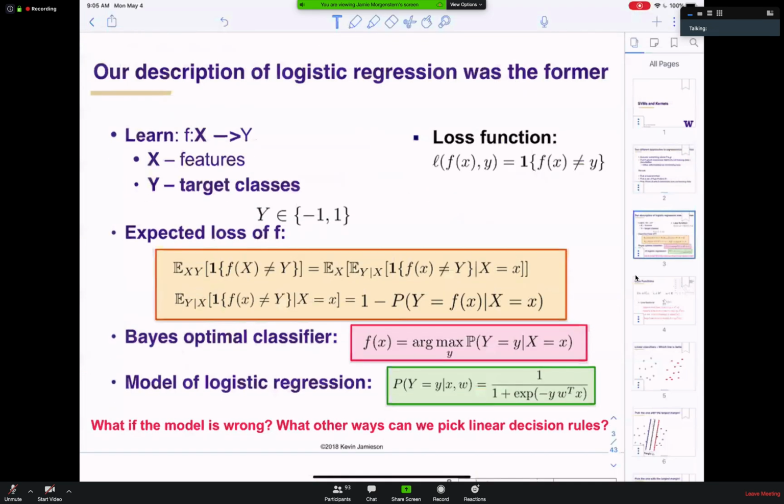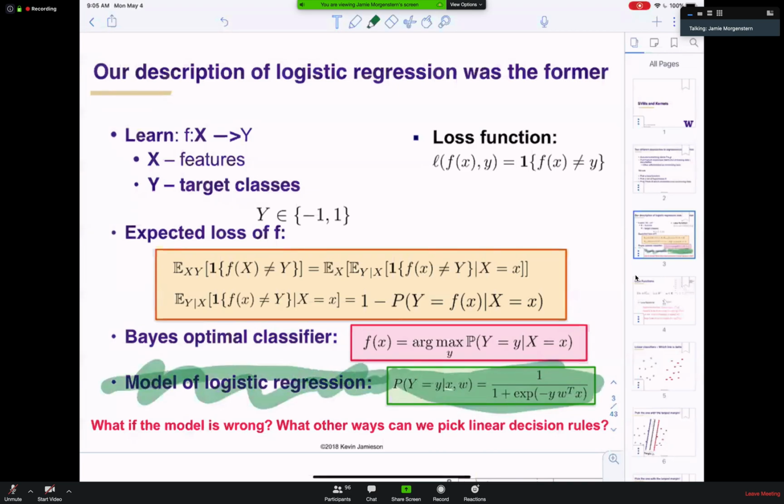Okay, just a reminder, we just did exactly this for logistic regression. We did an example of the former. But we made this assumption that the probability of Y given X and W had the following form.